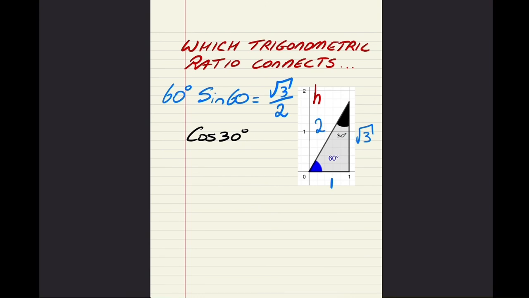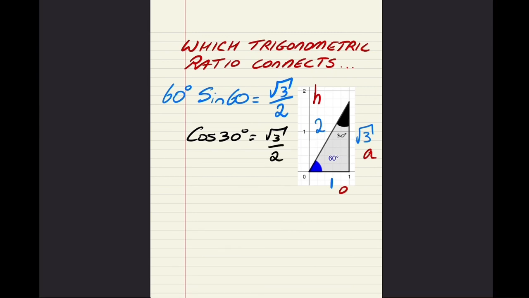The hypotenuse is still the same because that's always the side across from the right angle. Cos 30, well, if this is 30, that means that this is the opposite and this one is the adjacent. So I'll write down O and A. And now cos 30 is the adjacent, which is root 3, over the hypotenuse, which is 2. So we get root 3 over 2.